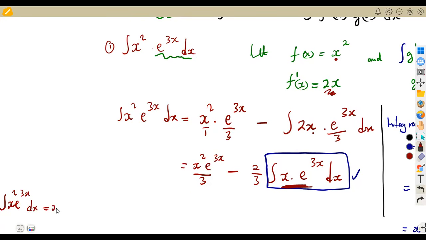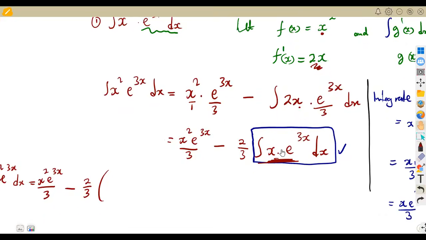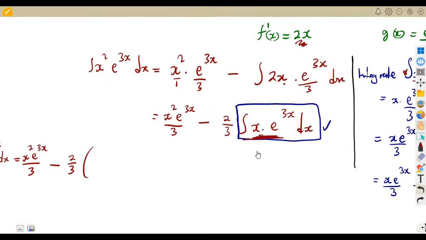We got x squared e to the exponent of 3x over 3 minus 2 over 3 times the integral of this part, and we got the answer of this integral. So you're just going to take the answer that we got of our integral.